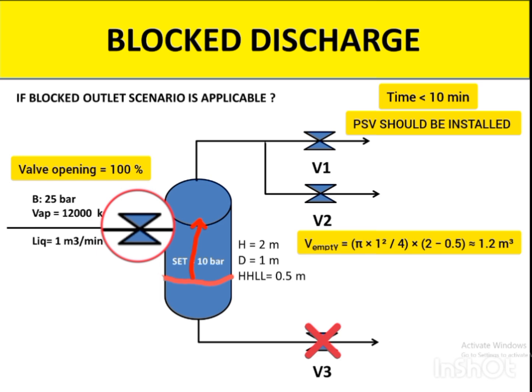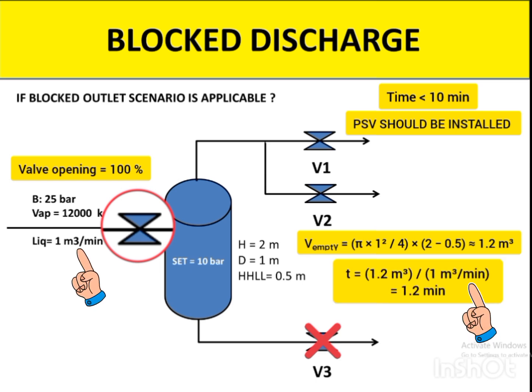We should calculate how much time it takes for the liquid to go up to the top of the vessel, which is 1.2 cubic meters divided by the liquid volumetric flow, 1 cubic meter per minute.